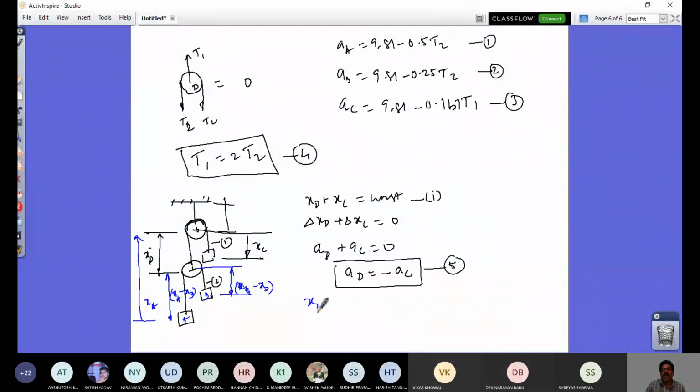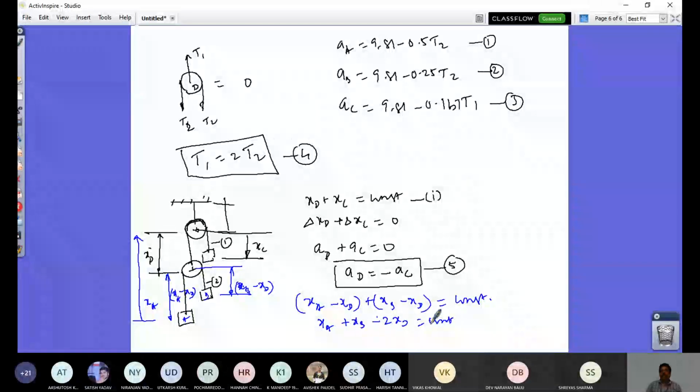So XA minus XD plus XB minus XD, that's equal to constant. When I rewrite this, it's XA plus XB minus 2 times XD, that's equal to constant.